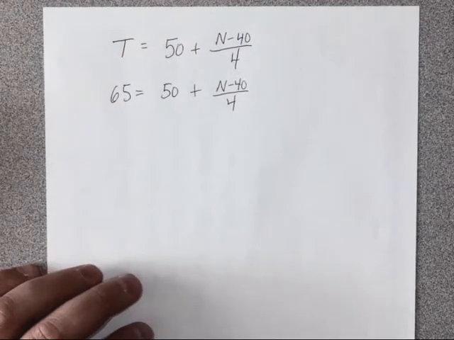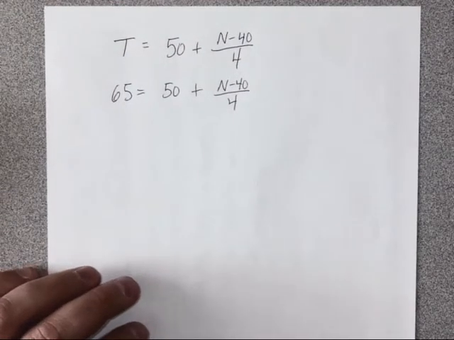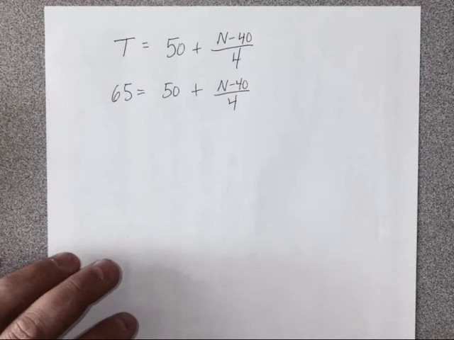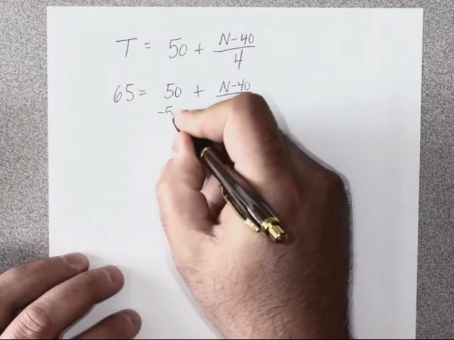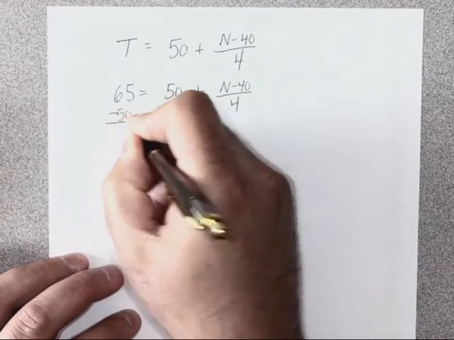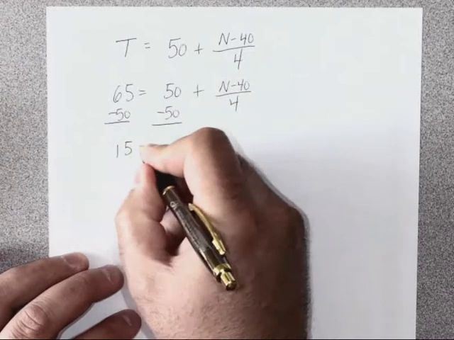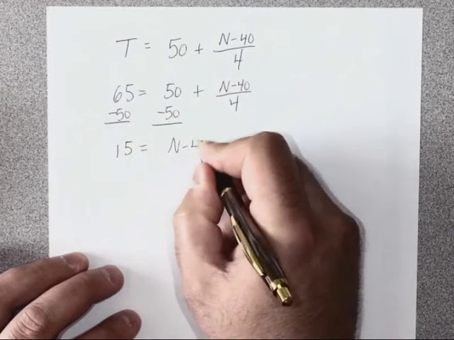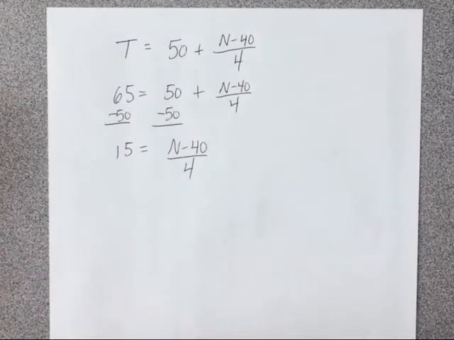Okay, so once again, to solve for N, we want to try to isolate it, use those adding, subtracting inverses first. So we want to minus the 50 from both sides. So we get 15 equals N minus 40 divided by 4.